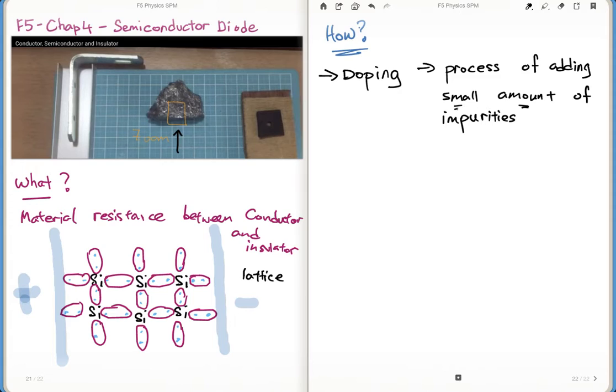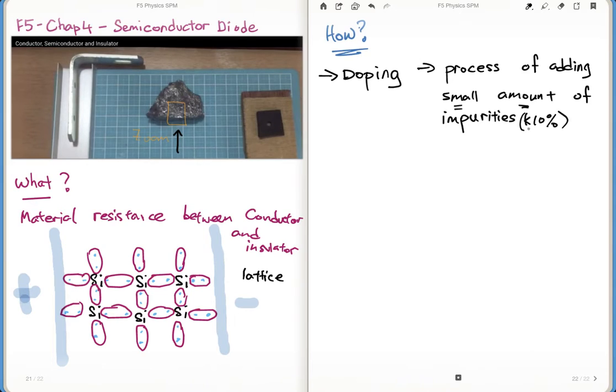A small amount would be no more than about 10%. Say for example, if you have 1 mole of silicon, then no more than 1% of aluminium. Or to make it easier, 10 gram, 10% of that would be very small. It should be less than 10%.